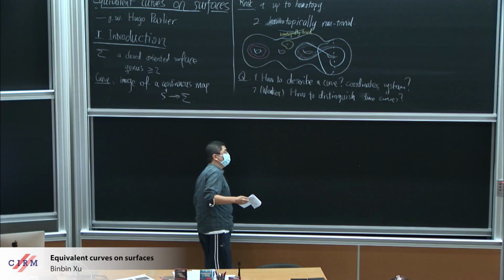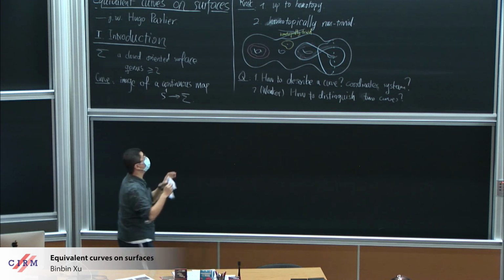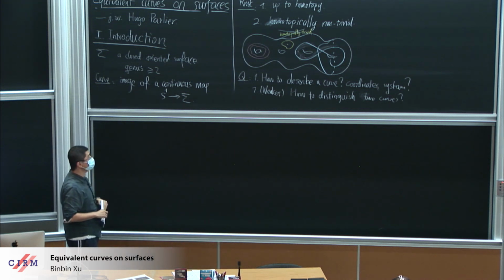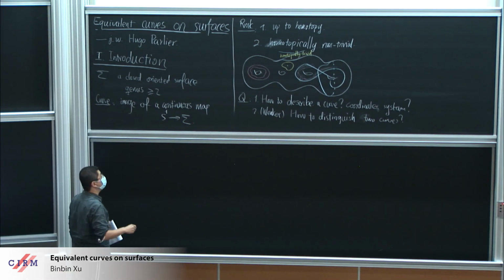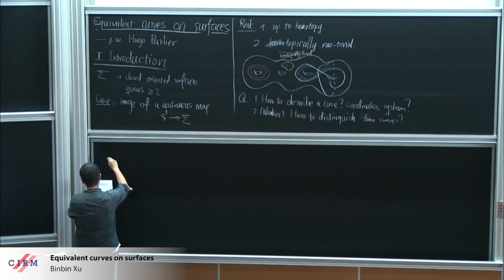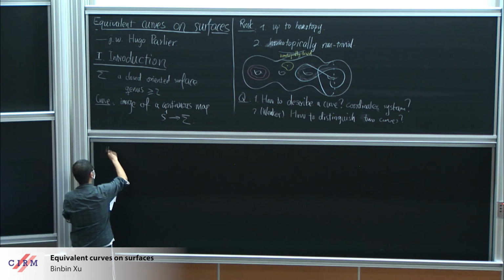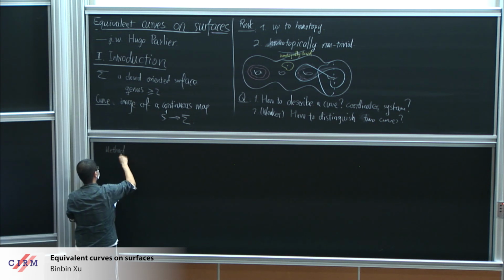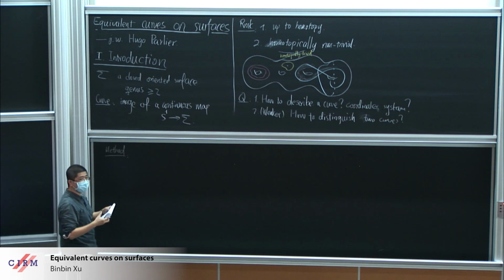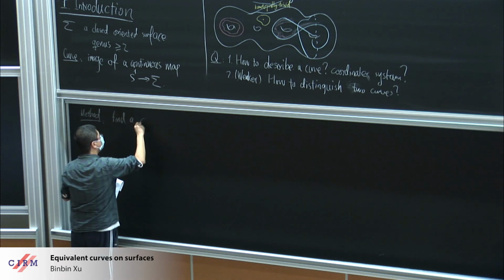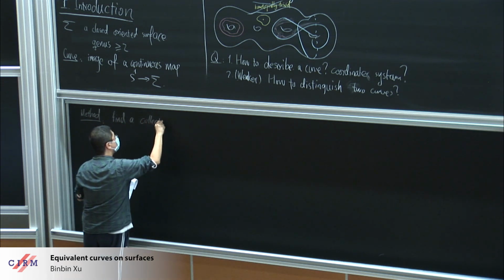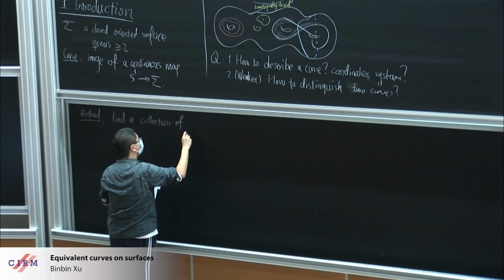There may be several possible tools we can use, but for today's talk, I will use the most straightforward idea by considering the so-called intersections among curves. So we want to find a collection of curves.